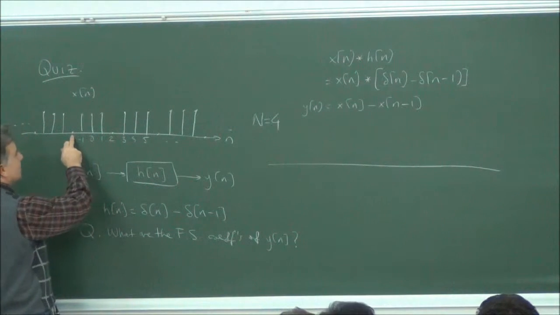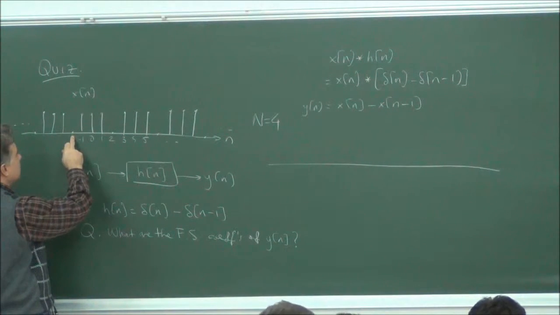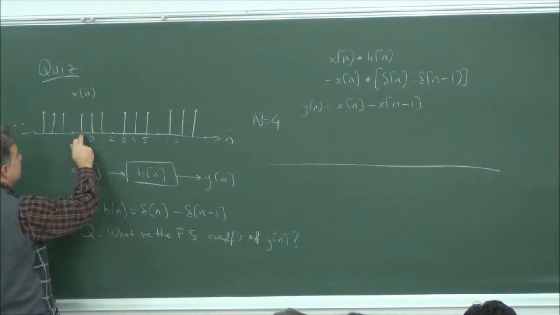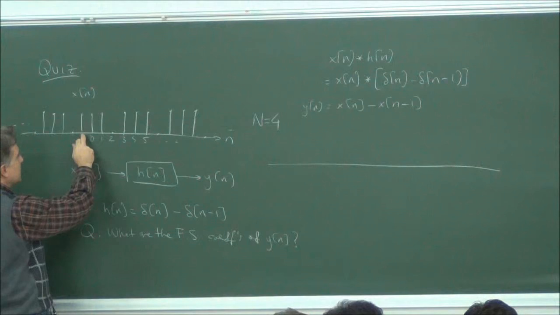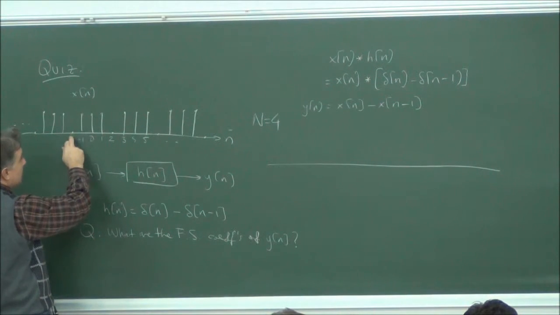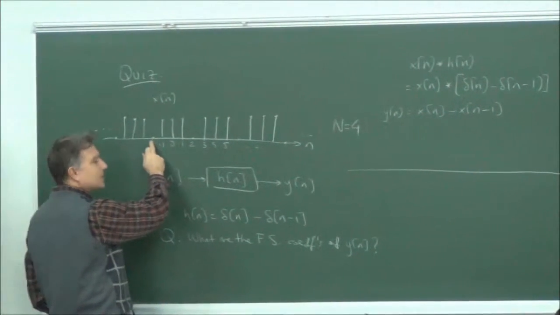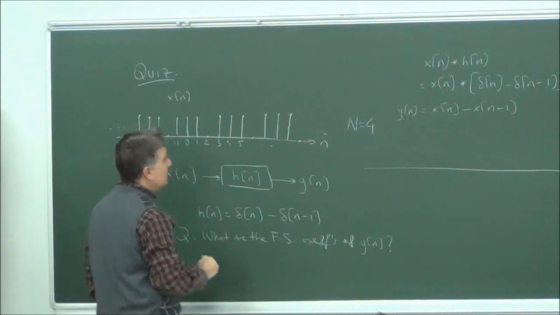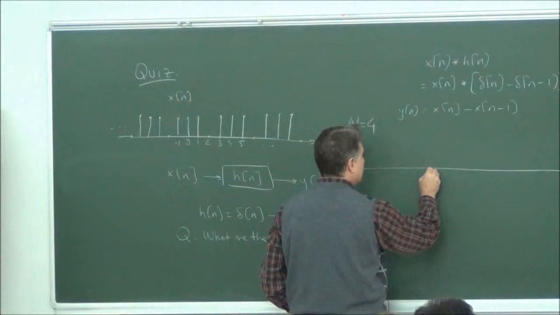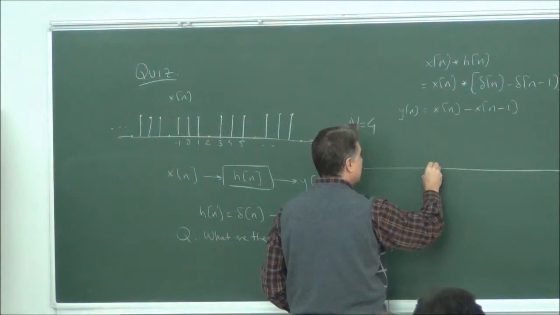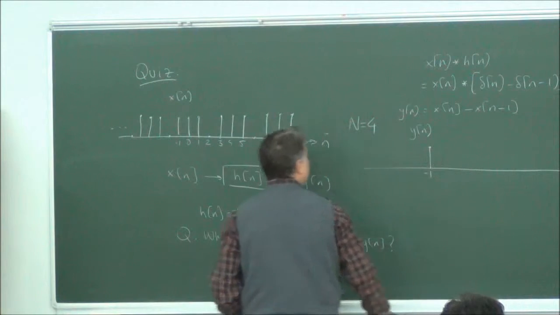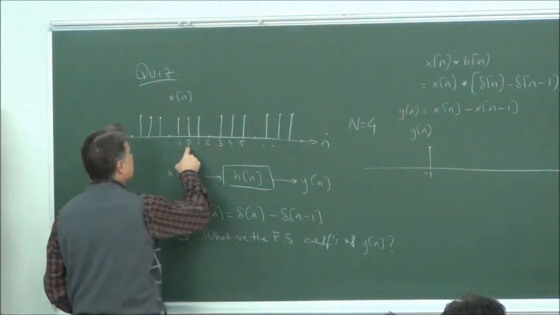Let's start from a point like this, for example. The difference between x of n when n is equal to minus 1 and x of n minus 1 is 1 minus 0. So at minus 1, I'm drawing y of n, that's a 1. Now what is it at 0?